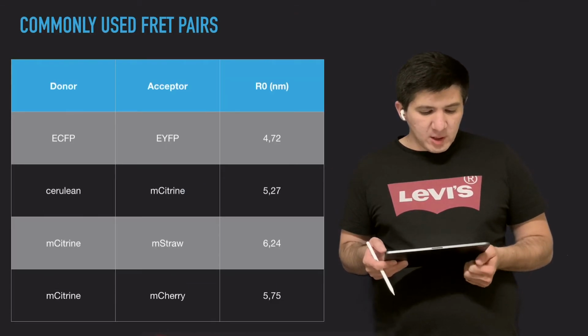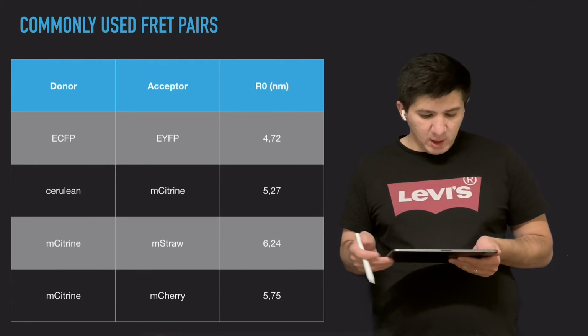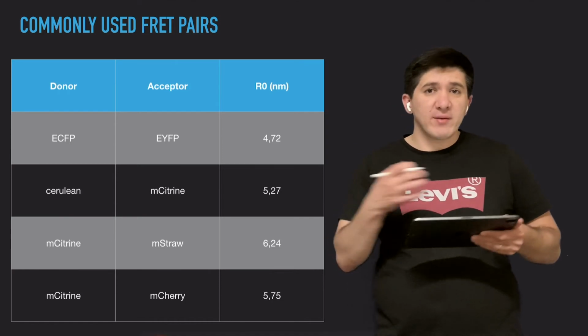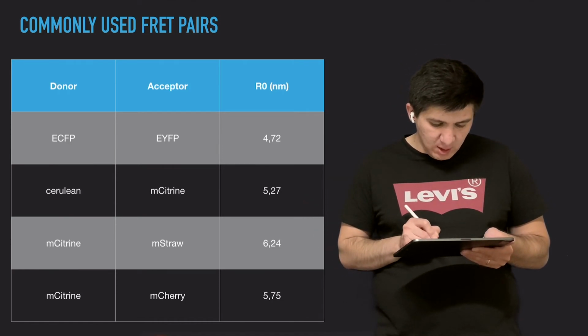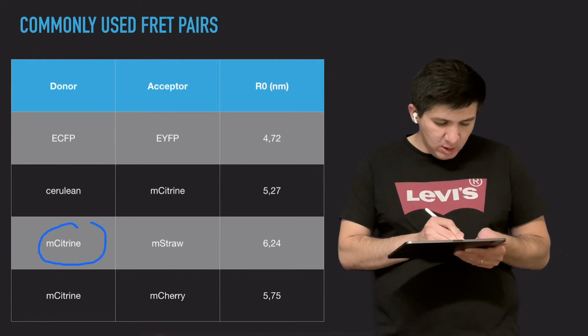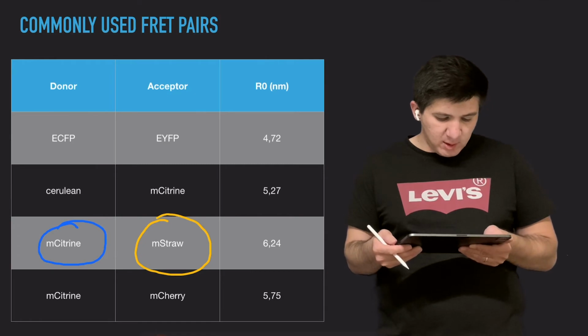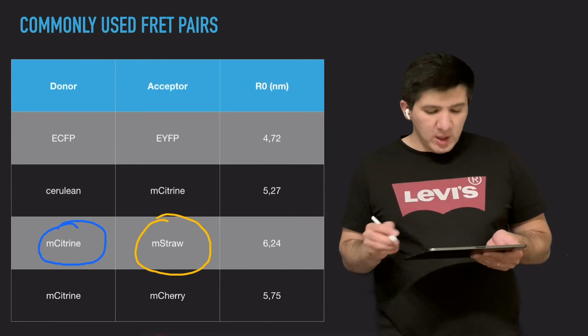So now let's talk. Here is the table of the commonly used FRET pairs. Again, it's better when you have this R naught with a bigger number. For example, if you see here this pair of fluorophores, the citrine and strawberry, R naught is equal to 6.24. So what does it mean?